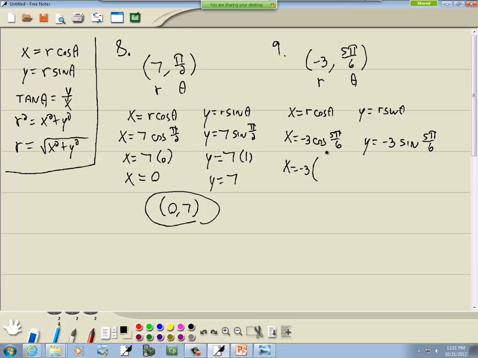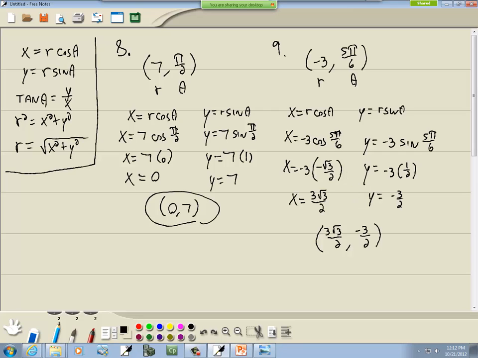Now cosine of 5 pi over 6 is negative square root of 3 over 2. Here a negative negative gives you a positive, so we got 3 square root of 3 over 2. On this one, sine of 5 pi over 6 is 1/2. So we get y is equal to negative 3/2. So our point would be 3 square root of 3 over 2 and negative 3/2.